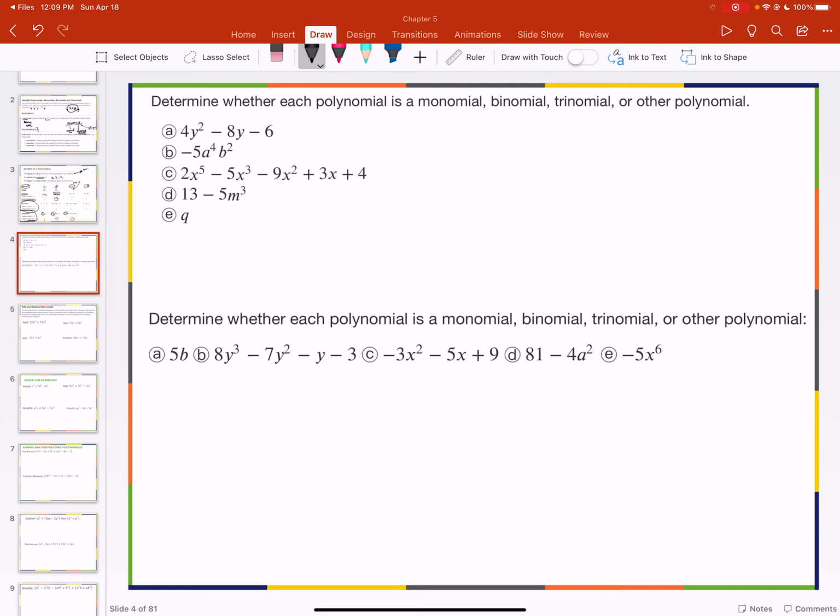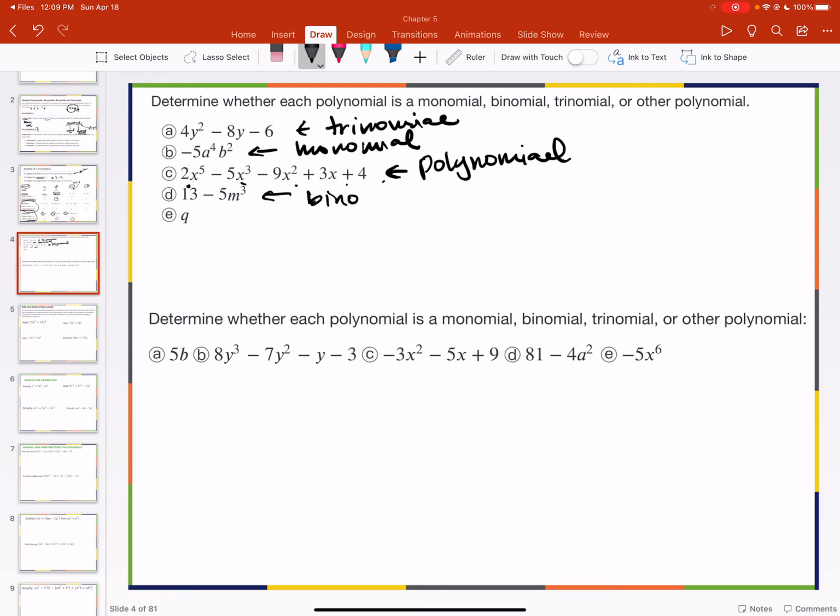So here for the first one, did you guys say trinomial? Yes, because there's 3, right? This one is a monomial. There's no other pluses or minuses. This one, 1, 2, 3, 4, 5 terms, we're just going to call it a polynomial. Poly meaning many. 2 terms, binomial. 1 term is a monomial.